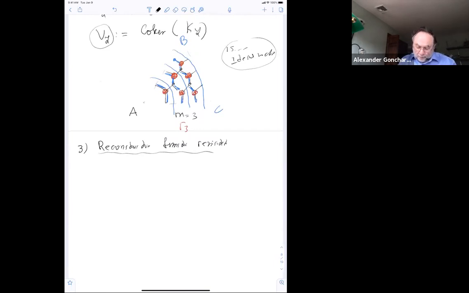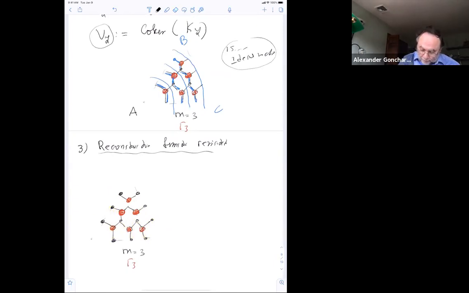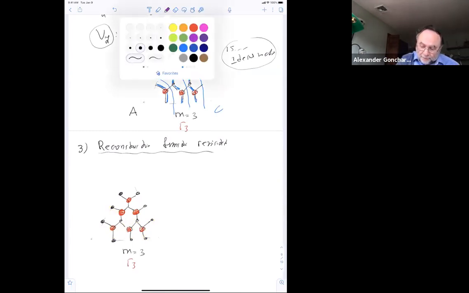So once again, let me consider this picture. I wanted to consider some kind of paths on this graph.